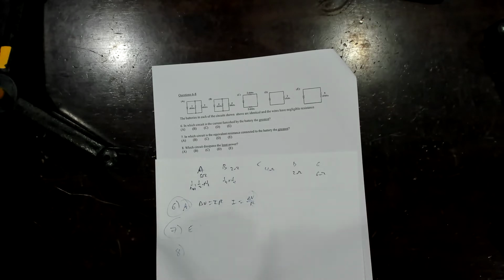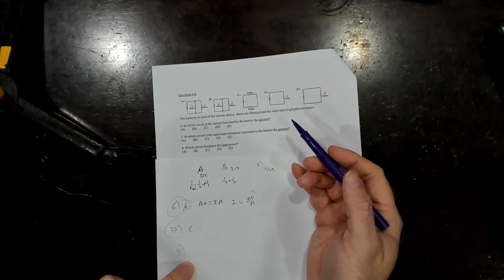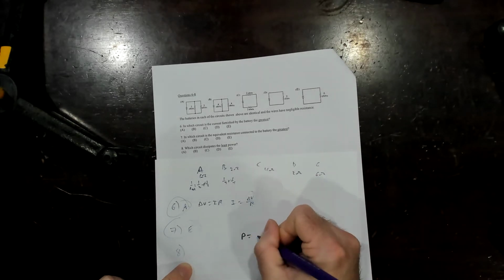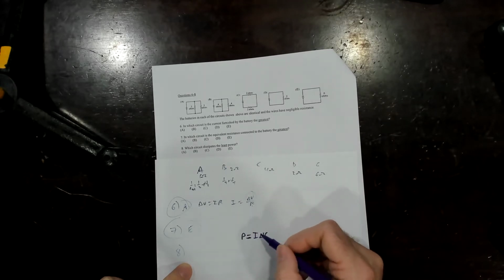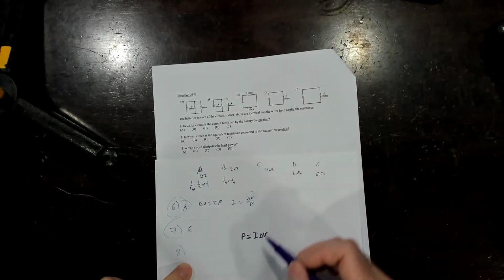8. They want to know which circuit dissipates the least power, the smallest power. What's power? Again, this is the one I have just memorized, P is I delta V. And the delta V is the same for all the circuits.